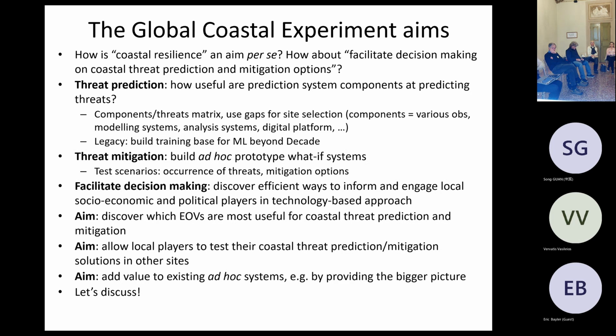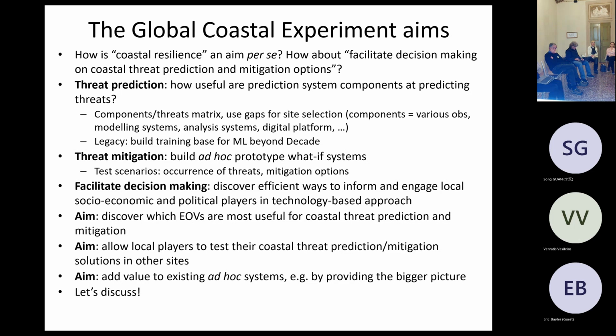Most of us are either scientists or engineers and are mostly into the technology aspects. And well, there are some people who are actually making decisions who are not in that approach. So how do we organize the facilitation of the decision making? These are just three more aims which I thought about.